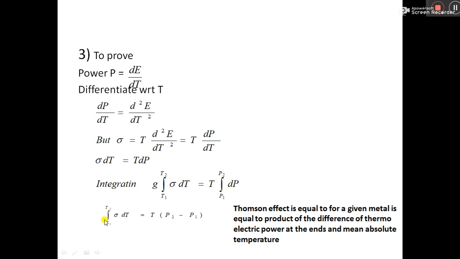So at last, integral T1 to T2 of sigma dt is equal to T of P2 minus P1. Here, the Thomson effect for a given metal is equal to the product of the difference of thermoelectric power at the ends and the mean absolute temperature.